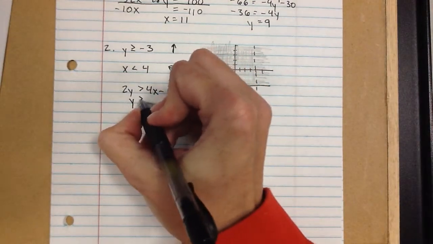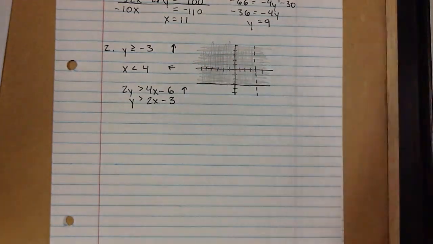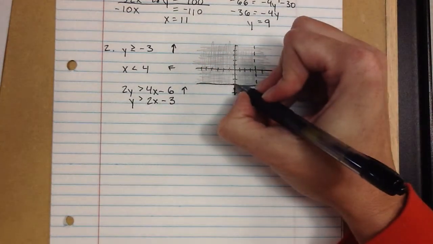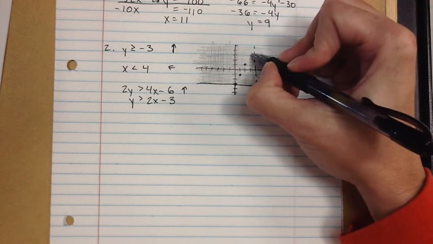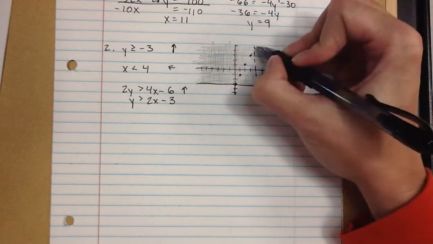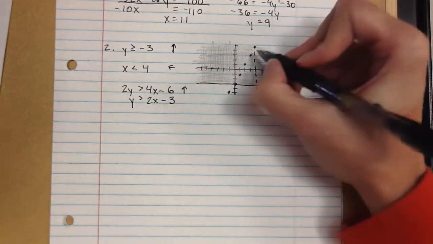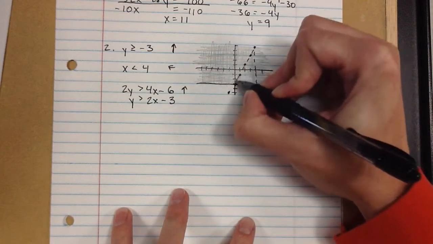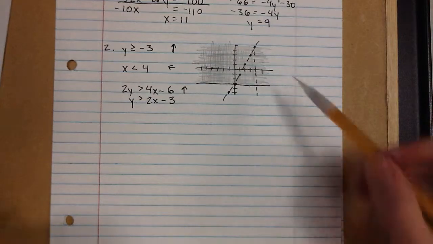I have y is greater than 2x minus 3. And we have a dashed line there. And we're shading up above that.